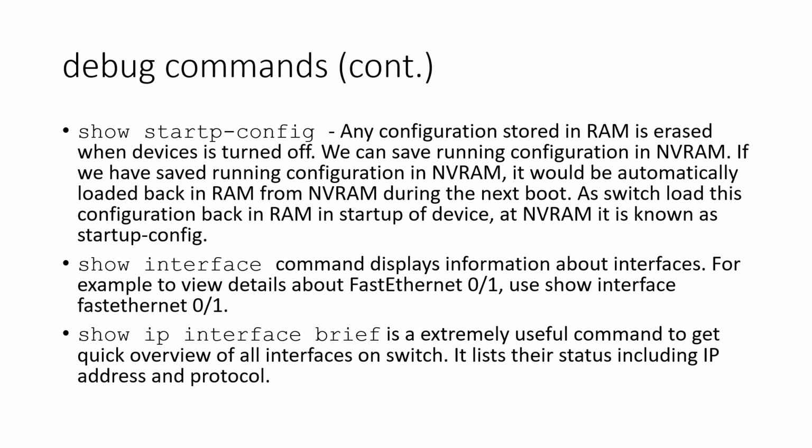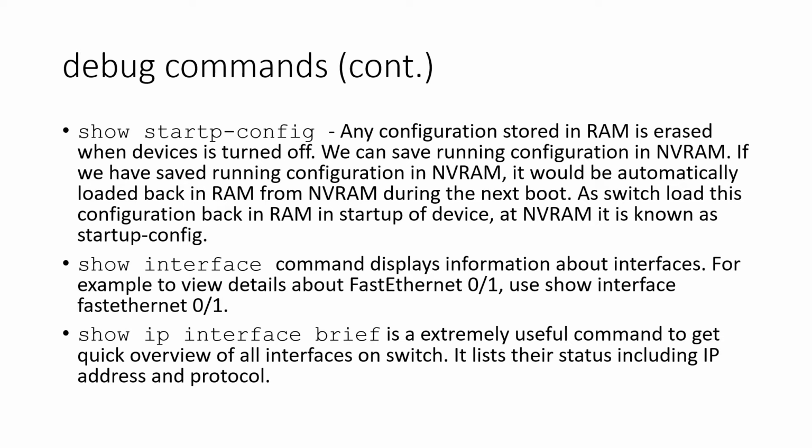You can save the running configuration in NVRAM. If we have saved the running configuration in NVRAM, it would be automatically loaded back into the RAM from the NVRAM during the next boot. As the switch loads this configuration back into RAM when it starts up, the configuration in NVRAM is known as the startup config.